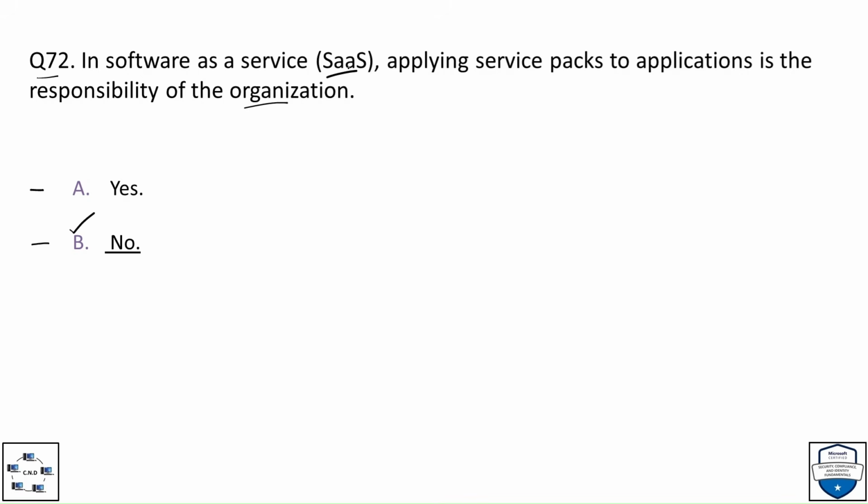Remember, in SaaS, software as a service, the management, installation, patch management, as well as applying service packs and security packs, are all responsibilities of the cloud provider. The customer only has the responsibility for users and data.